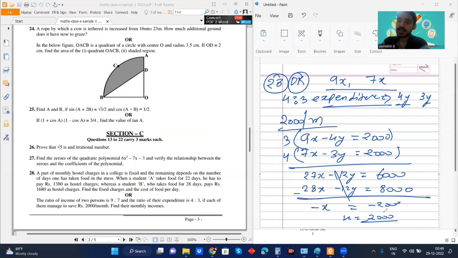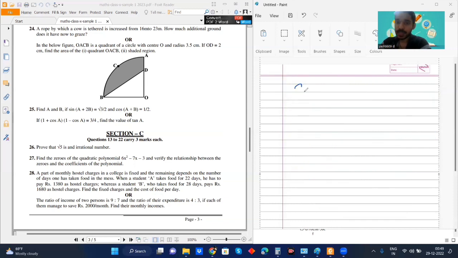Therefore, the value of x is 2000. I will substitute the value of x in the first equation to get the value of y. So I will get 9 times 2000 minus 4y equals 2000. 18,000 minus 4y equals 2000. 4y equals 18,000 minus 2000, which is 16,000.